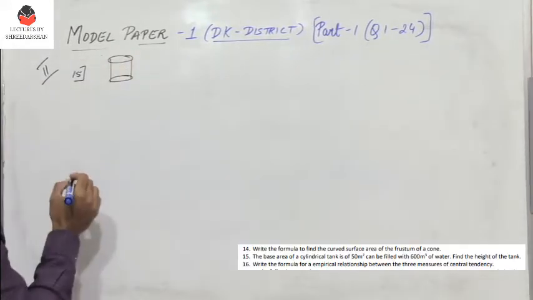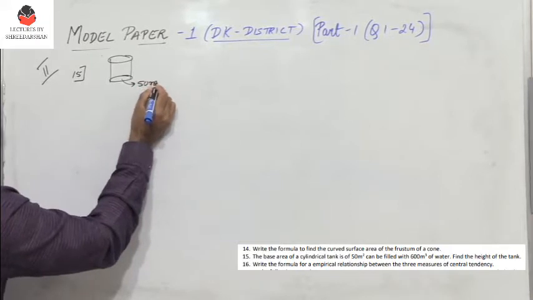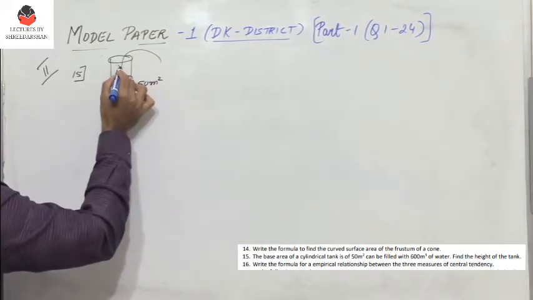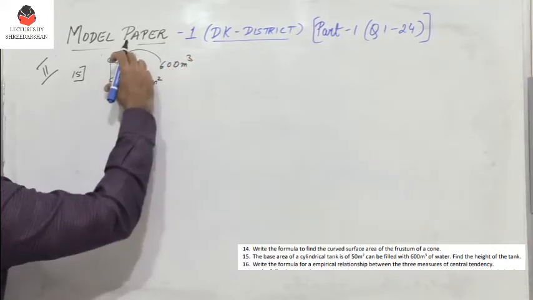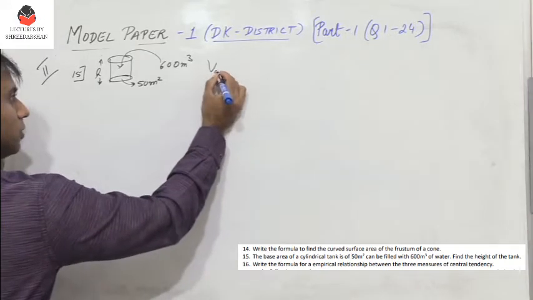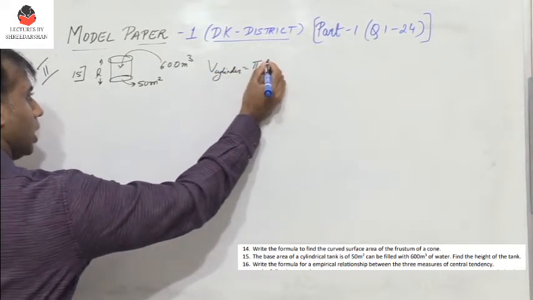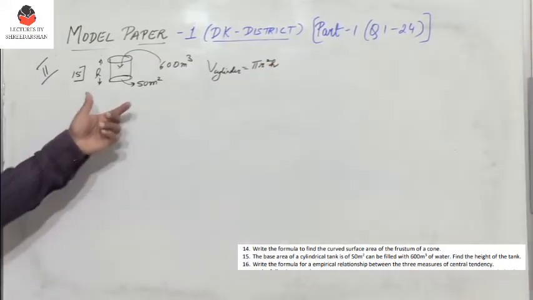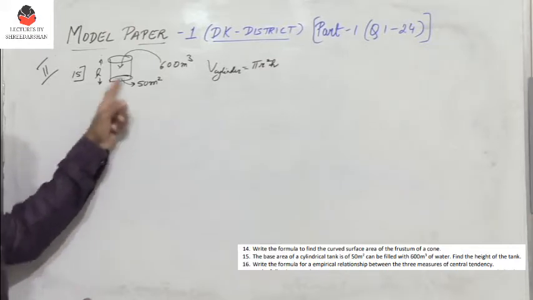There is a cylinder and the base area of this cylinder is 50 meter square and a water of 600 meter cube has been filled in the cylinder. We need to find the height. Now we know that the volume of the cylinder is given by pi r square h. Now the area has already been given, which is 50 meters square, because the base area is given.